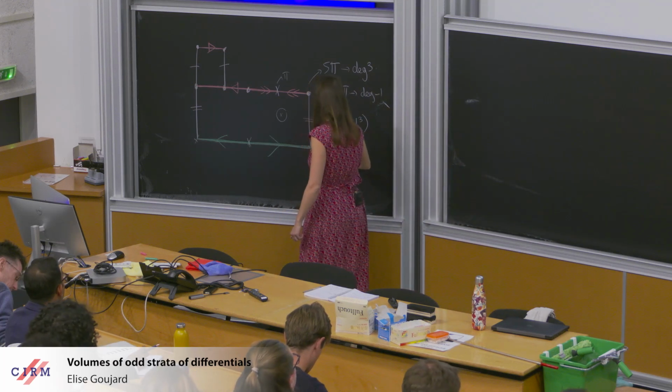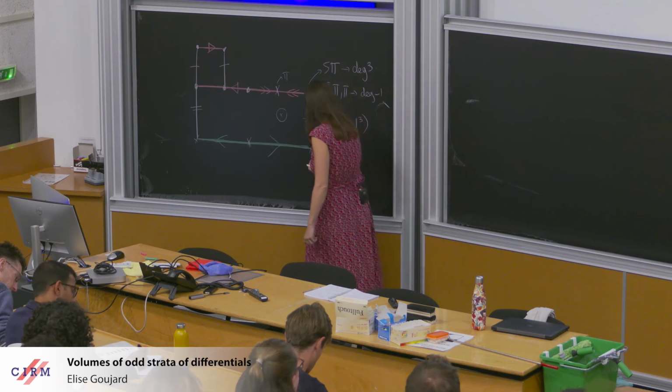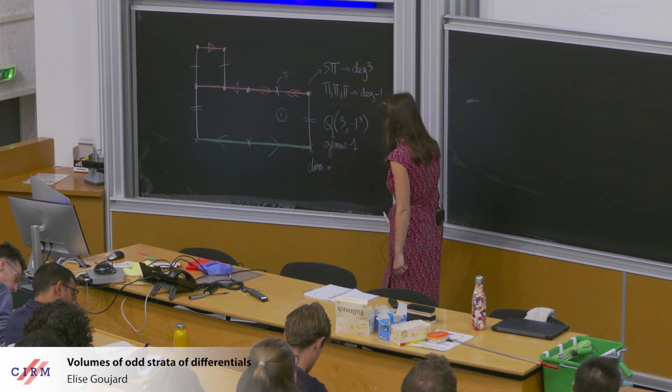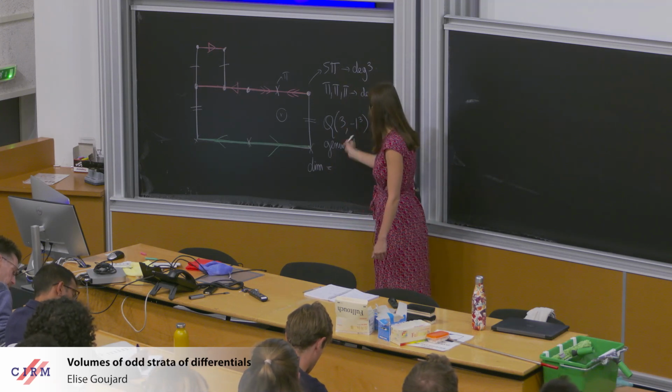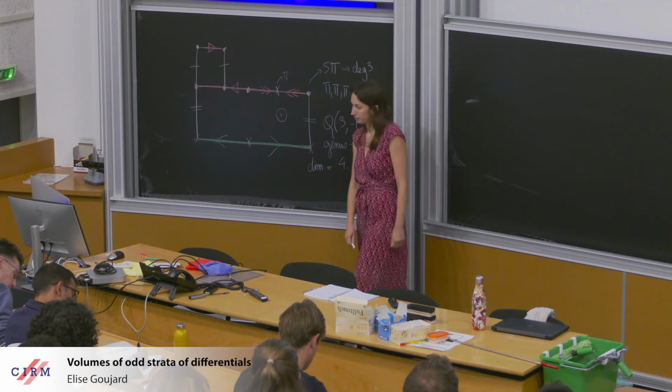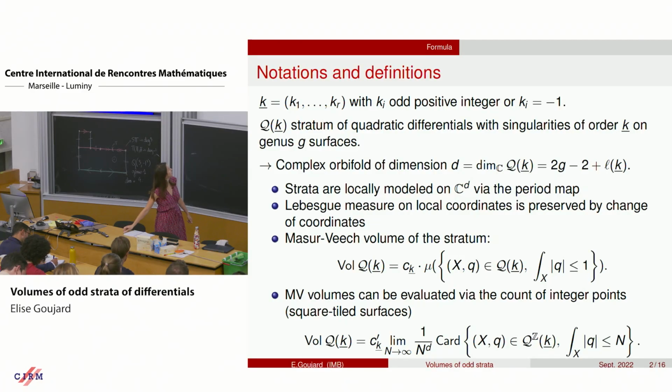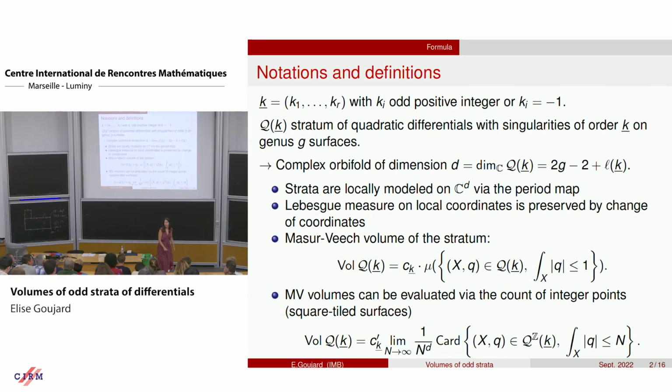And the dimension of this stratum is equal to 2G - 2 plus the number of singularities, so it's 4 in this case. Okay, so in general, these strata are complex orbifolds of dimension 2G - 2 plus the number of ki's, and they are locally modeled on C^d via the period map.